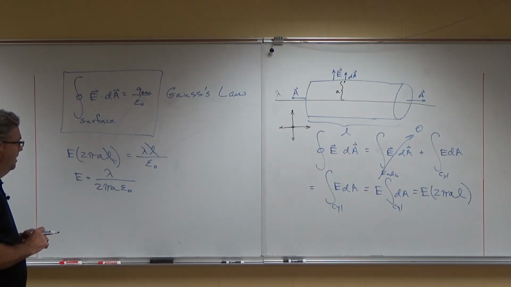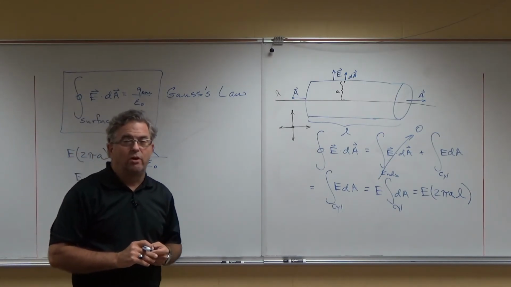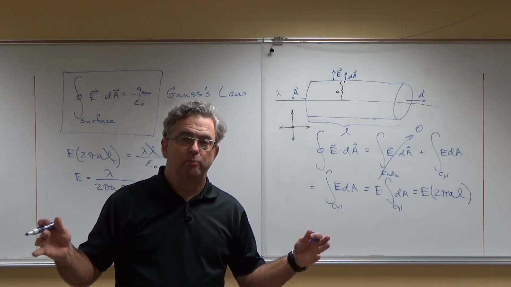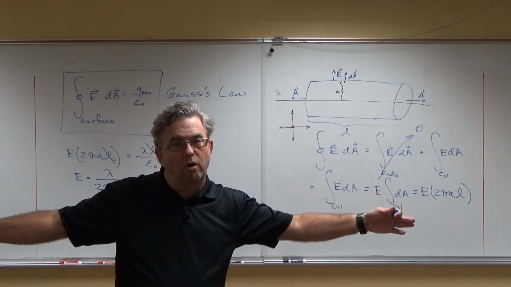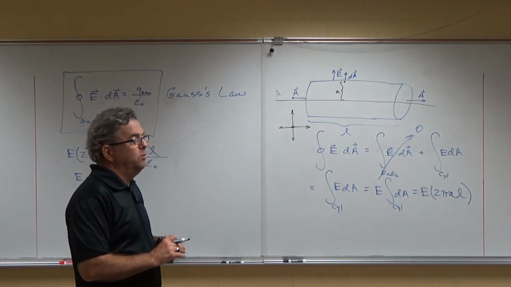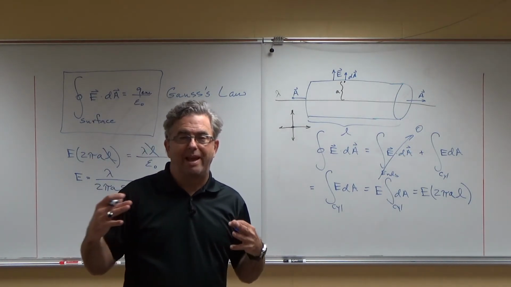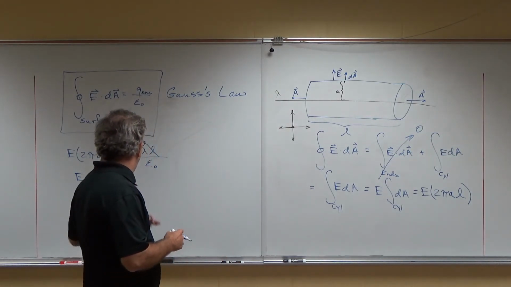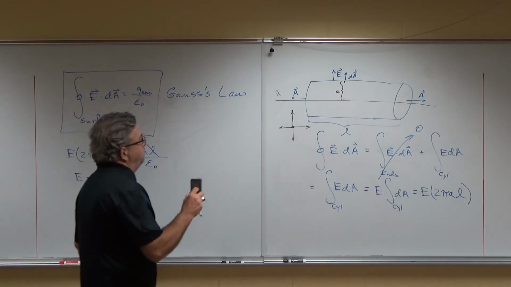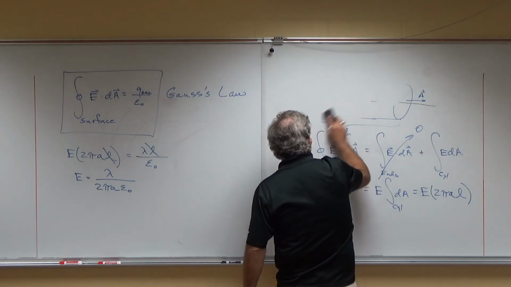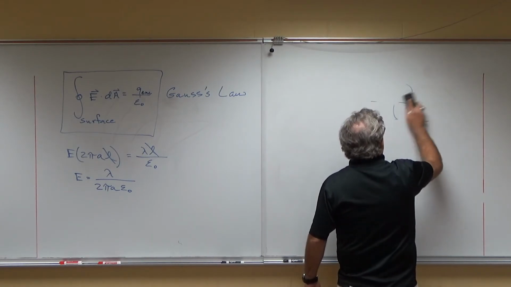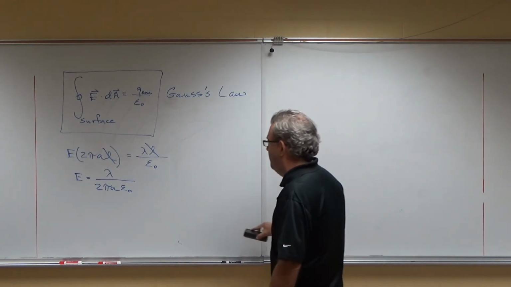I think that's the same result that we got when we did that long integral for the wire, and then I let L go to infinity, and it took a long, long time. If you have a little bit of a grasp of Gauss's law, this was a little bit easier. This is the same result. Let me rewrite it. Remember that K is equal to 1 over 4 pi epsilon naught.